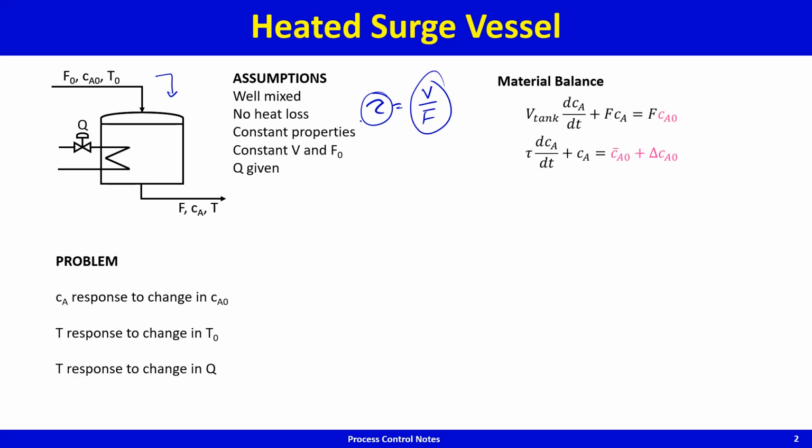Yeah, this is very typical of processes. Higher flow, lower residence times, and the time constant of the process then decreases. But the point is, the governing equation is an ordinary differential equation, and the coefficients of that differential equation are dependent on the operating conditions.